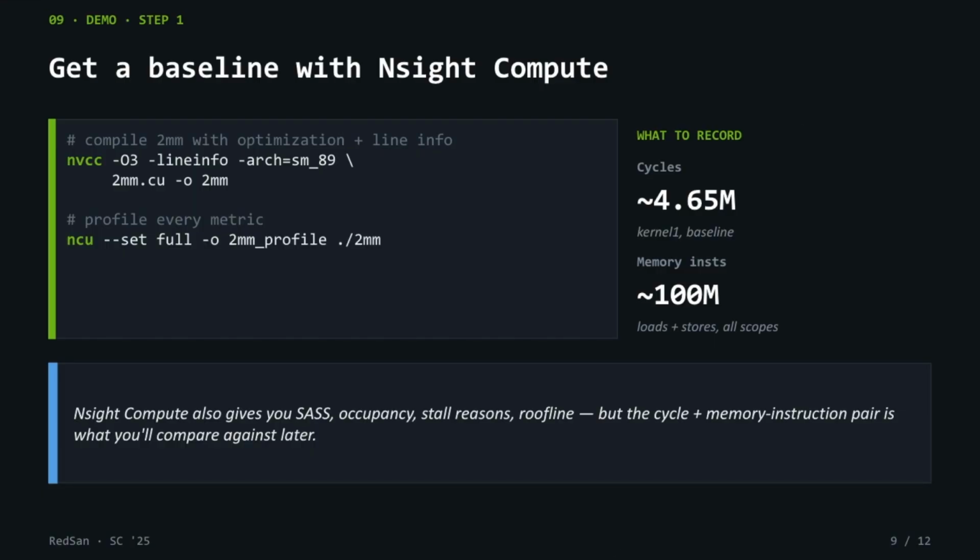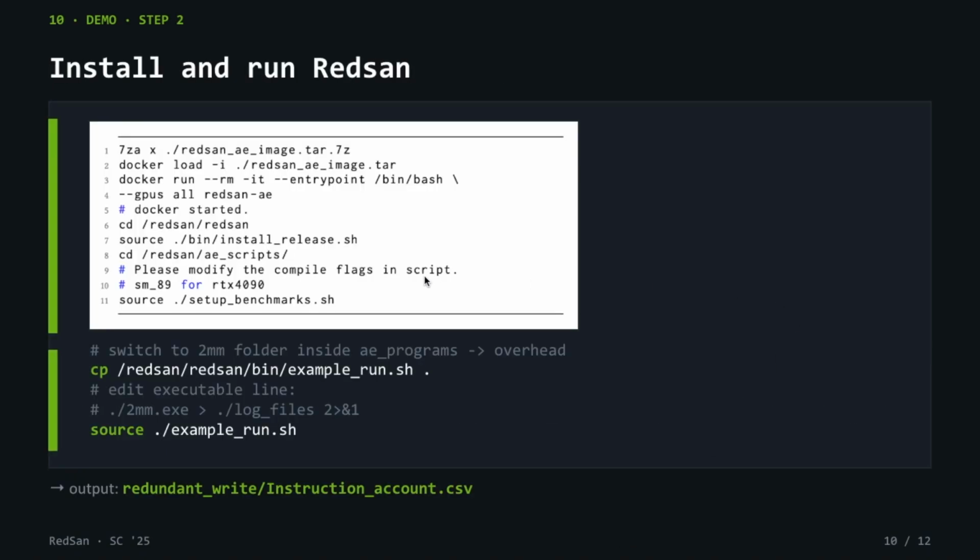Now we look at how to actually install and run the RedSan tool. These are the instructions from the paper itself. So you have to download the Docker image. The link is provided in the paper. Once you download it and extract the zip file, you load it into Docker with this command docker load, and then you run the image, giving it permission to access all the GPUs that your computer has.